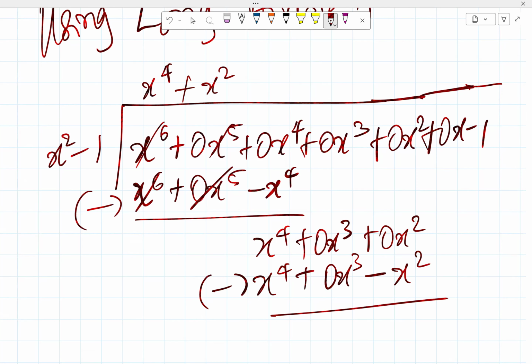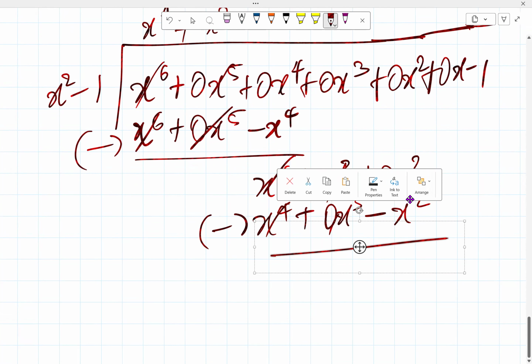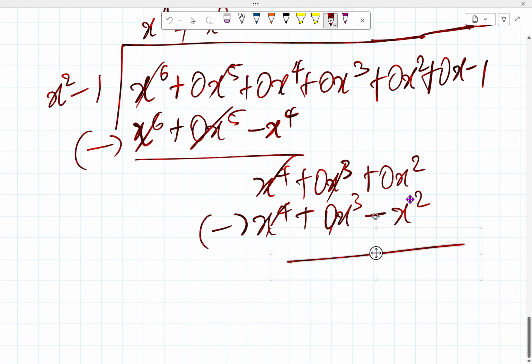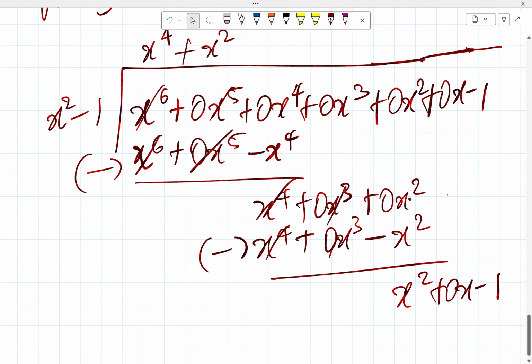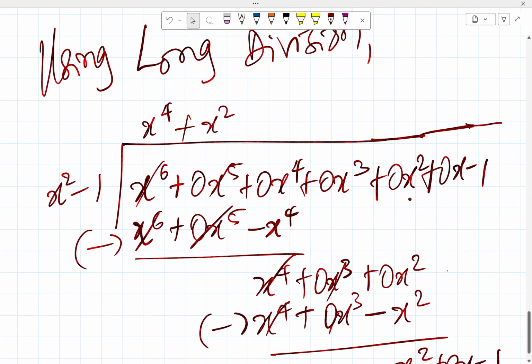So now we subtract, this cancels out, and then we have 0x squared minus x squared, that's simply x squared here. And then we bring down 0x minus 1. So next, we have x squared in x squared, that's plus 1.